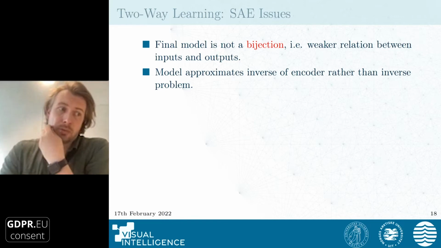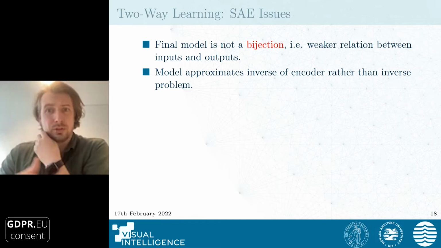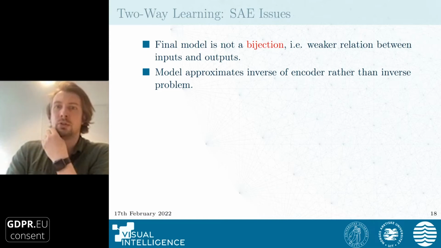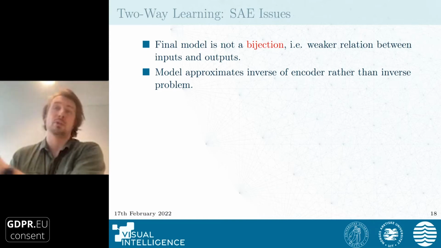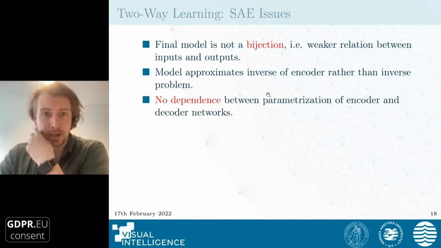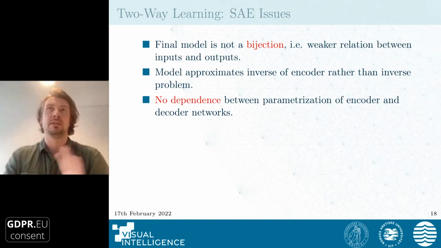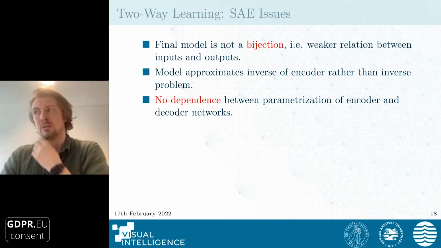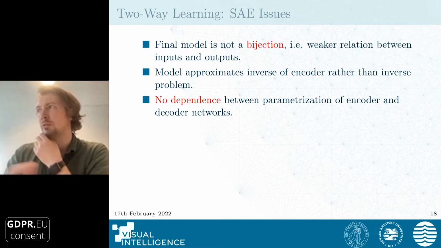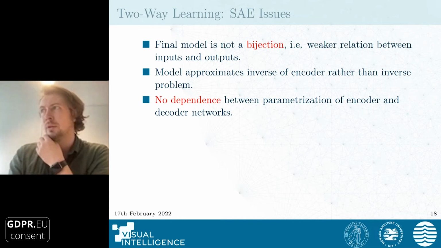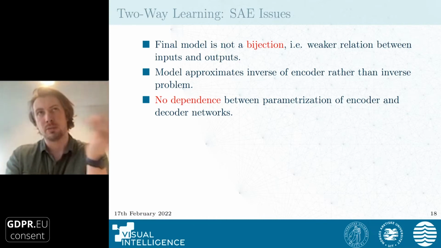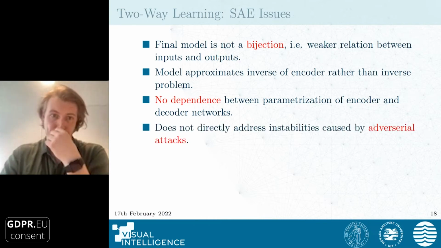So one of the issues that we can face is that the model will approximate the inverse of the encoder rather than the inverse that we want, the inverse problem. And there's no dependence between the parametrization of the encoder and decoder networks, meaning that they don't communicate in any way. There's no way of extracting the parameters of the decoder from the encoder and vice versa.